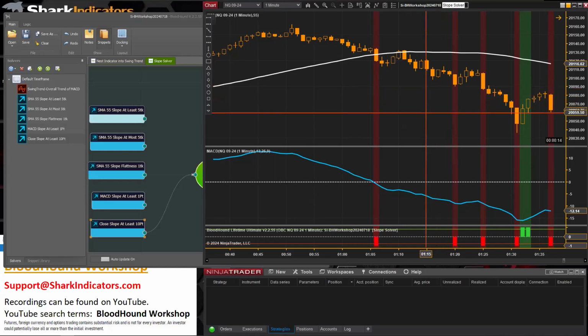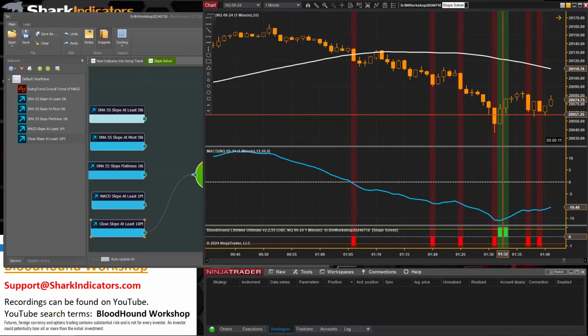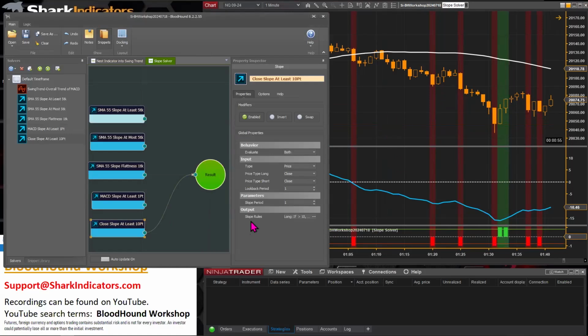So over here, we can see obviously this bar closed down, and the next bar, a big move up, and so it moved 10 points up, and again moved 10 points up. So yeah, there's another example of what you might be able to use the slope solver for.